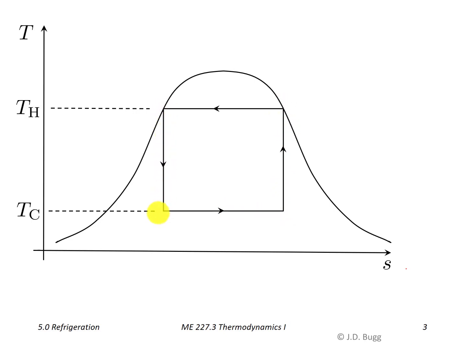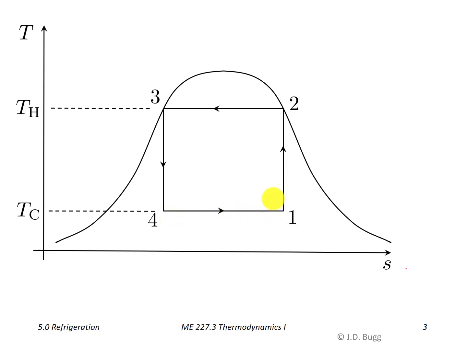So just to use the same numbering as we did on the previous slide, we have a reversible adiabatic compression, a constant temperature heat removal, a reversible adiabatic expansion, and a constant temperature heat addition. So again, the Carnot cycle is just a rectangle on TS coordinates, but here it's placed inside the liquid vapor region.